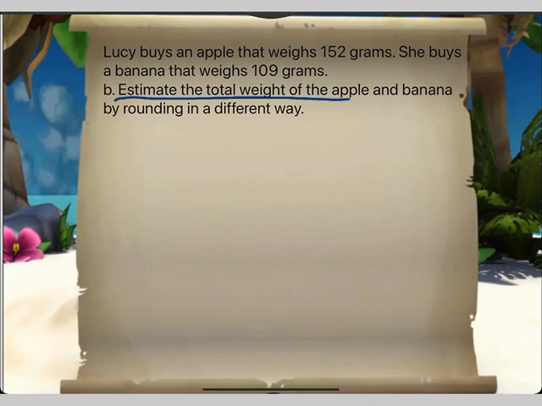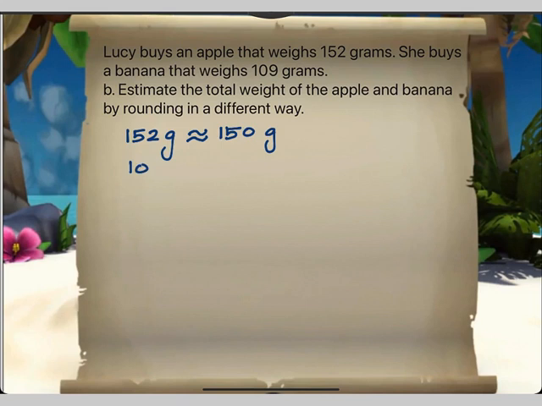Estimate the total weight of the apple and banana by rounding in a different way. So now let us round each number to the nearest 10. So the number is 152 grams, which is rounded to the nearest 10, will become 150 grams.